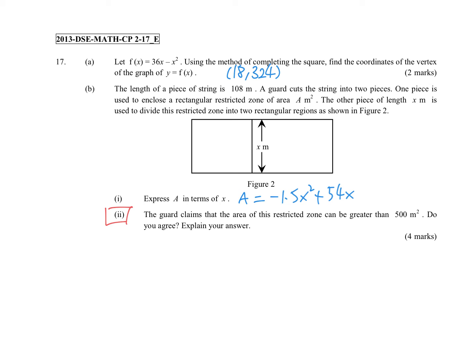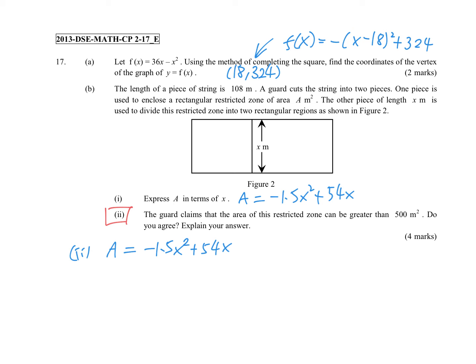We want to find the optimum value of A. A equals negative 1.5x squared plus 54x. And from part A, the corresponding vertex form is negative the square of x minus 18 plus 324.